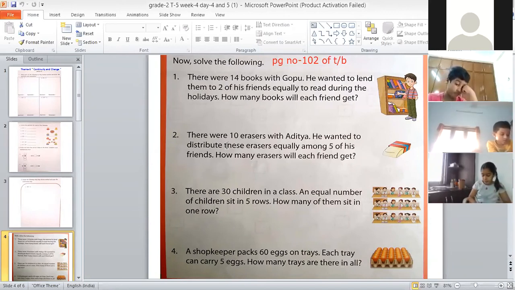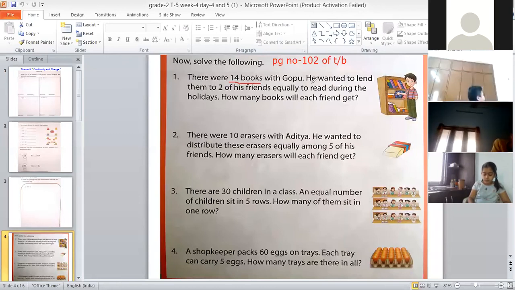Okay, so the question is, yes, children, I am reading this question. Please look in your book. Question is, there were 14 books with Gopu. Total number of books were 14. He wanted to lend them to 2 of his friends. This means he wants to give these books to 2 of his friends equally.